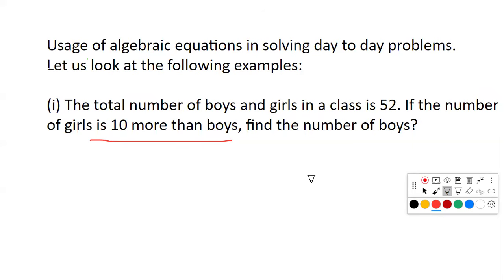Yes, I could hear Anushka saying an answer. Basically, you want to frame an equation to solve. Two variables are there, so definitely I am going to get two equations. Boys plus girls is 52, equation number 1. If the number of girls is 10 more than the boys, then whatever the boys count is, plus 10 is equal to girls.